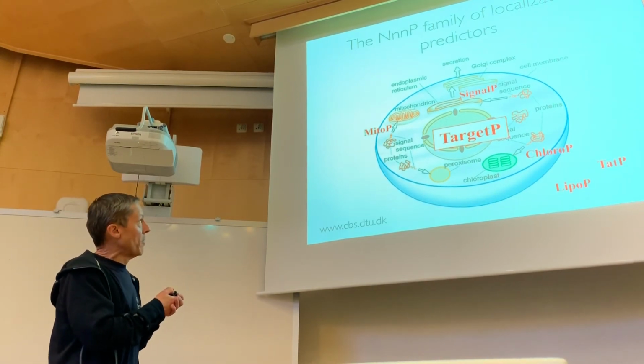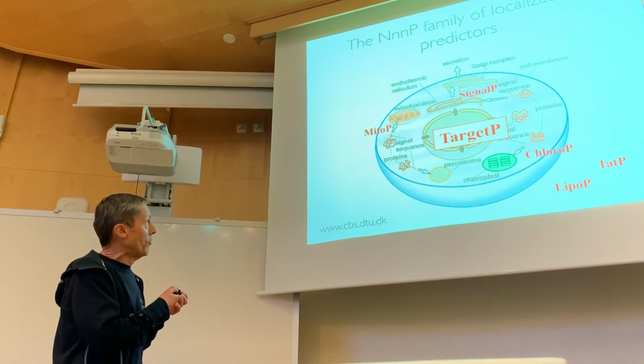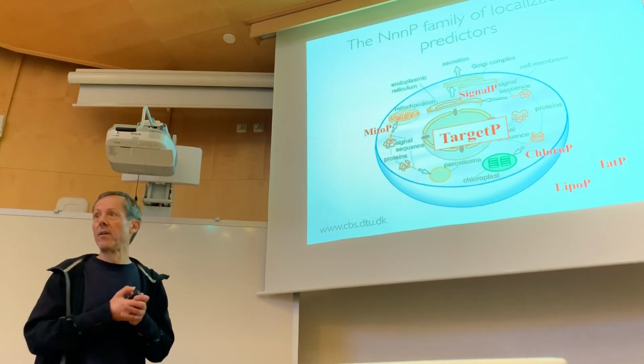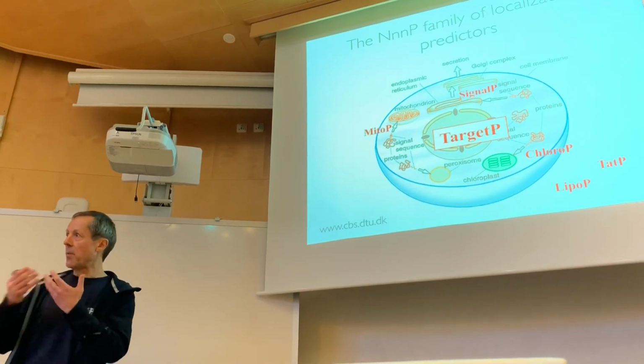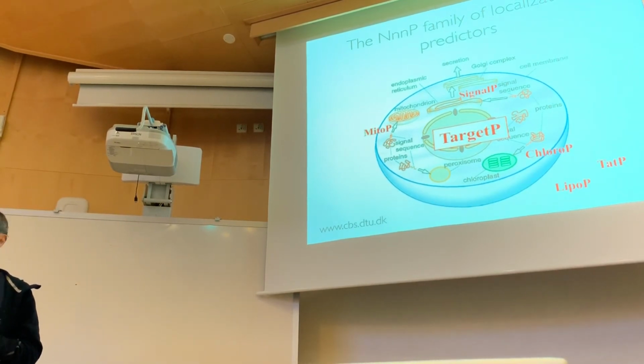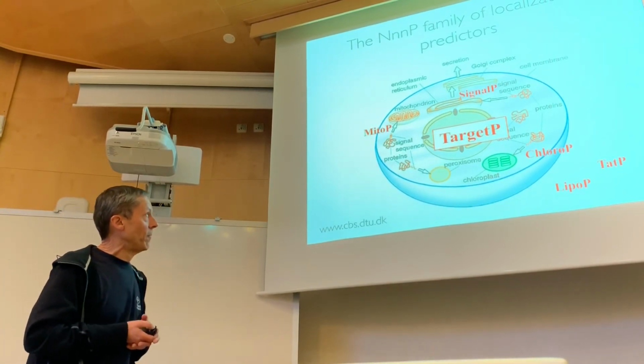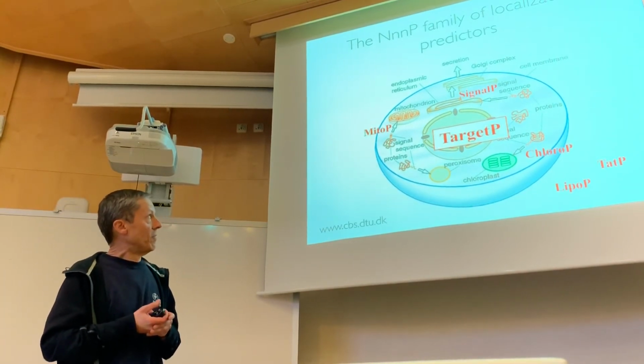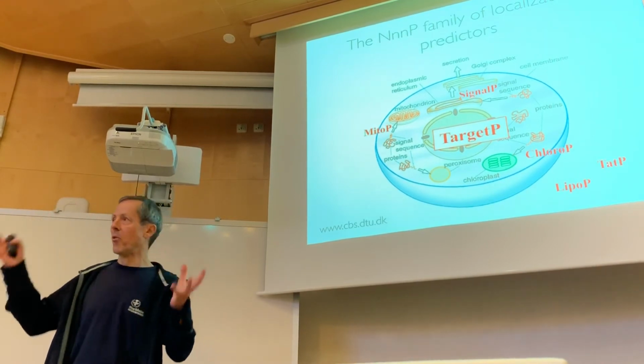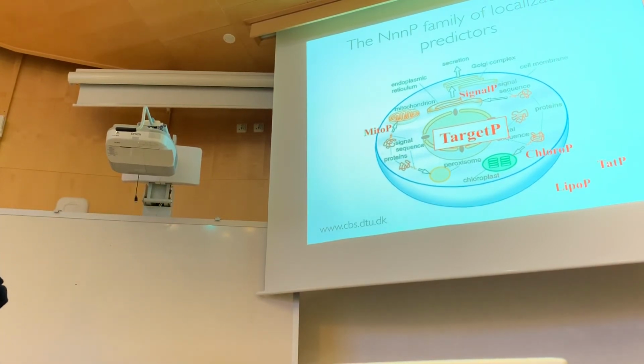Or the same thing with mitochondria. Is the protein predicted to go through 2 membranes or only through 1 membrane? So there are sub-compartments within the mitochondria that are addressed in this other more complex predictor. Of course, when you have many more locations, you have many more possibilities to make errors, and so the overall performance goes down.